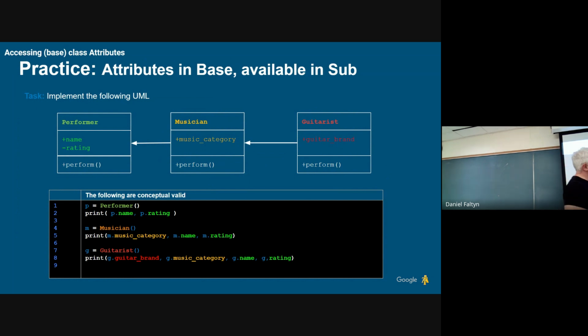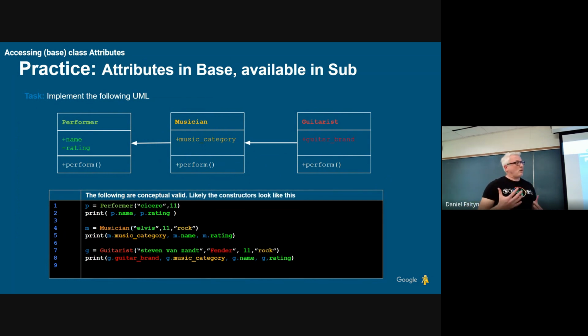So not every performer is a musician. So it doesn't make sense if I create a performer that has a music category or a guitar. But if I create a musician, it should have access to that music category. And then finally, the guitarist should have access to everything that's in a musician, everything that's in a performer, right?